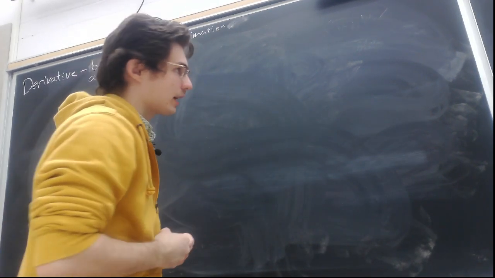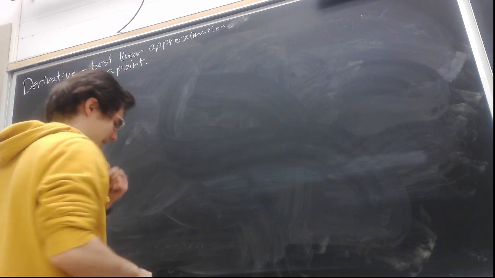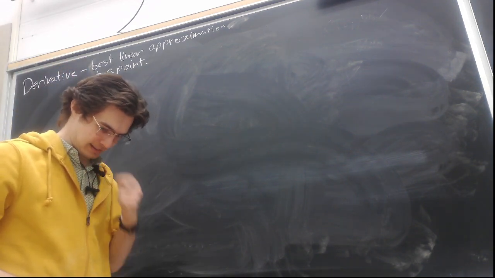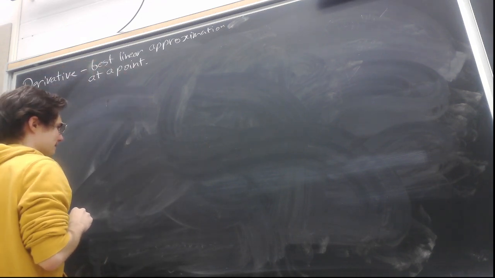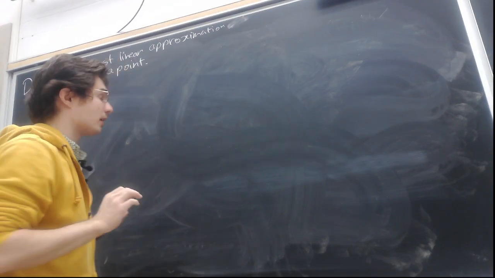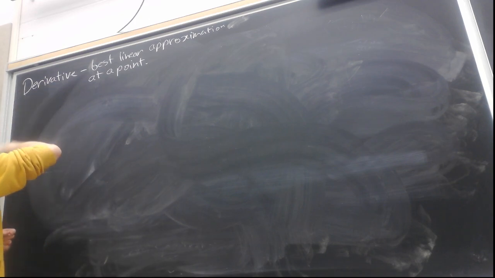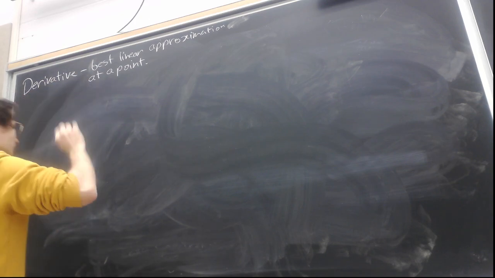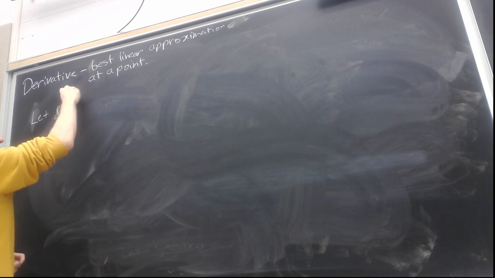And okay, so we now define the Jacobian. We will define it through its matrix directly. Actually, no, we won't do that. Once again, let f be from Rm to Rn.